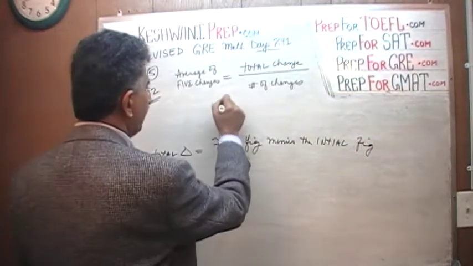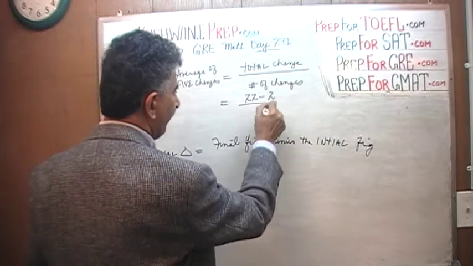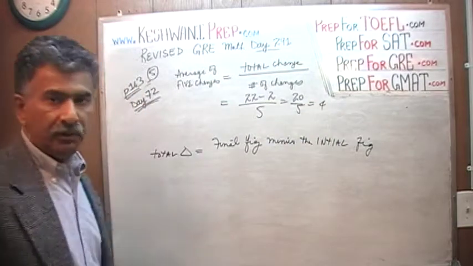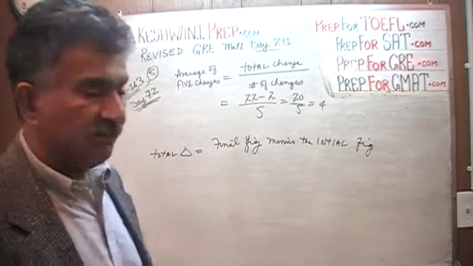The final figure in our example was 22, the initial figure was 2, that's your total change, and there were 5 of them, which is why it's 20 over 5. But of course we already knew the answer. The average of 5 changes was 4, which is exactly what we find here.